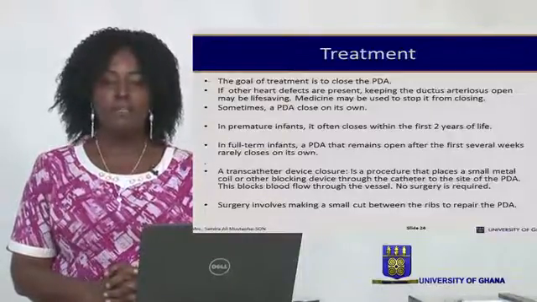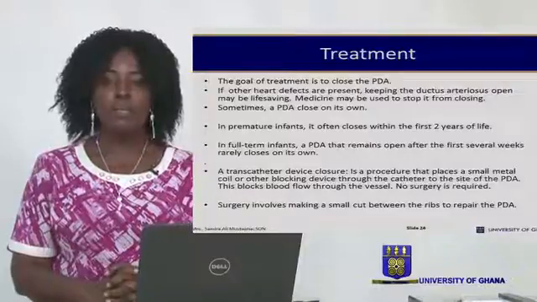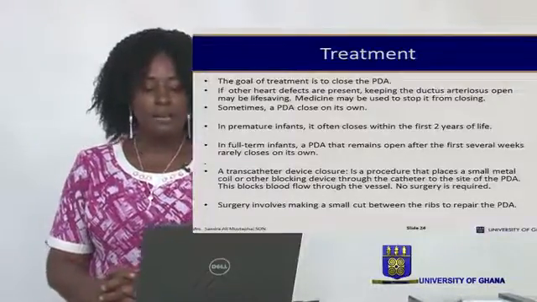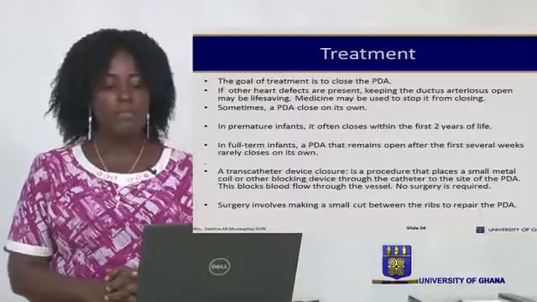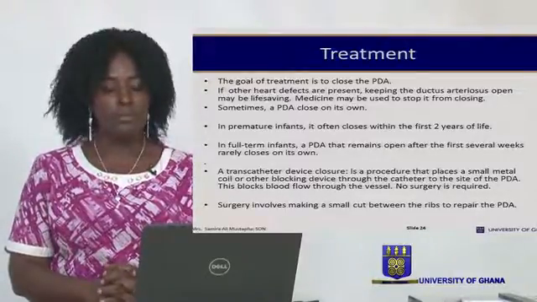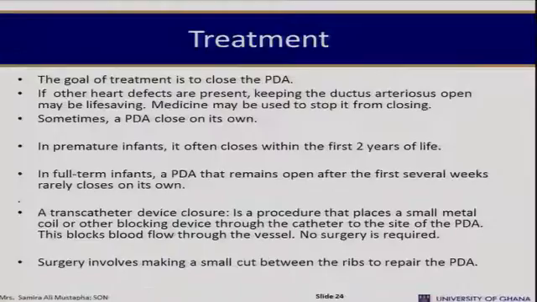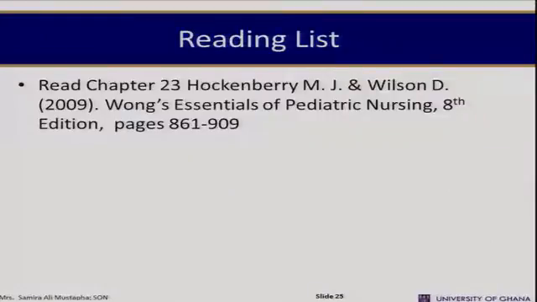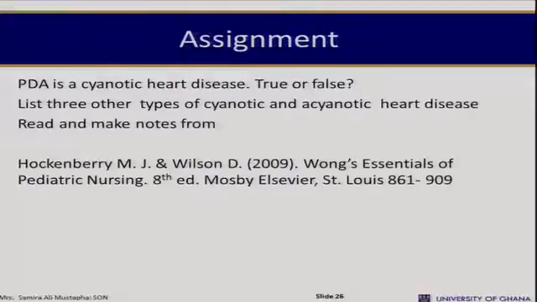And in full-term infants, it may remain open after several weeks of life. So it may close, but in the absence of that, the closure can be done through a catheter, or surgery may be required. So this is a reading list to help us further enhance our understanding.